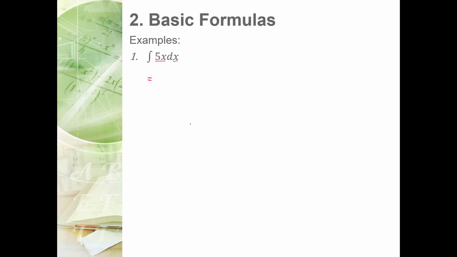If we try to recall the 5 basic formulas, since we have 5 as the constant, we factor out 5 outside the integral symbol. Then we have x dx. Next, we integrate this one.